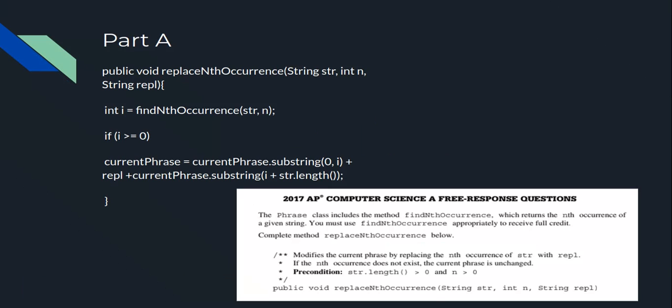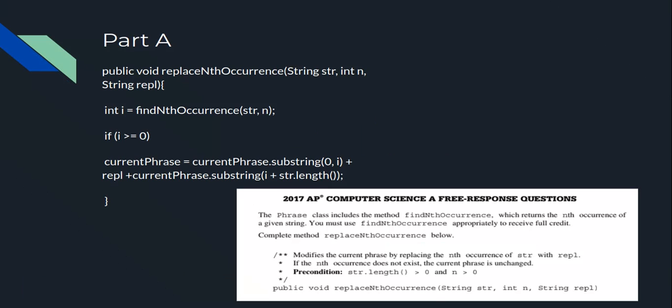So first I set i to find nth occurrence, which takes in a string variable and an int variable. So I called the find nth occurrence method with the string str and int n, and set int i equal to that value, which is the index.